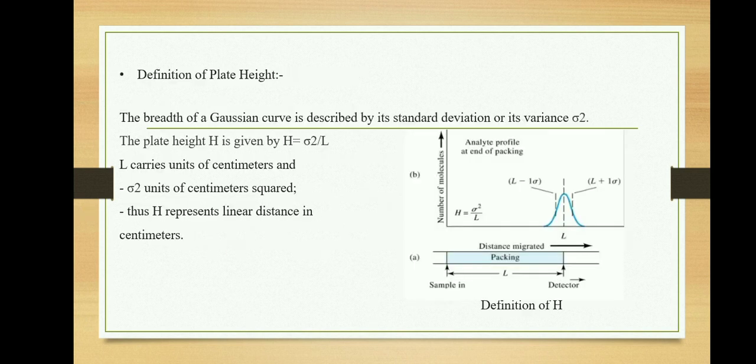So how do we define plate height? In the graph here, we see the Gaussian peak that has eluted at a certain distance through the column, so we are now talking about the distance L, the length of the column. We can look at plus or minus one standard deviation of the Gaussian distribution and define our plate height as the standard deviation squared divided by the length.